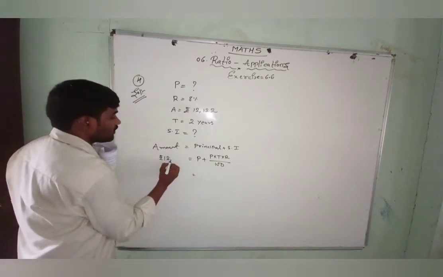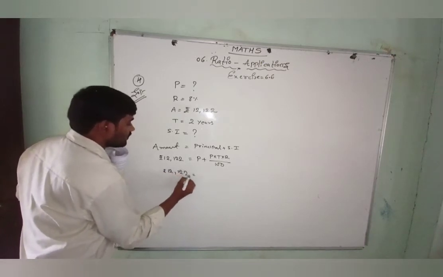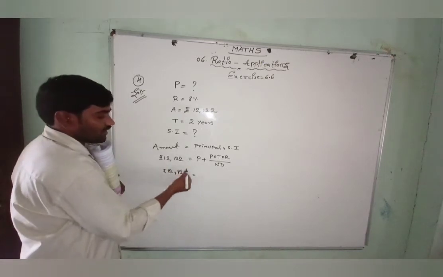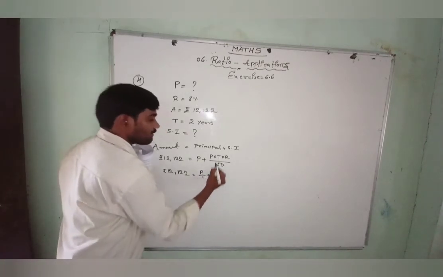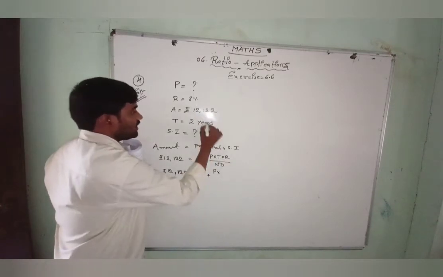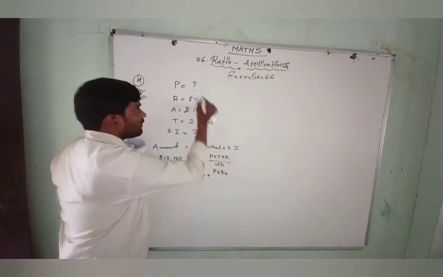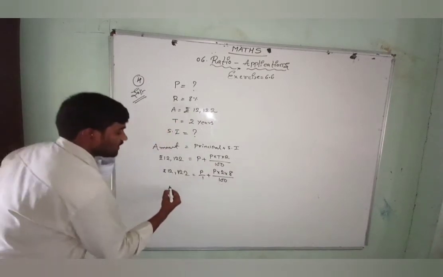Rupees 12,122. So principal P by 1 we will write plus P, we don't know P only, into T. T is 2 years, into rate 8 by 100. That means let us solve this first.